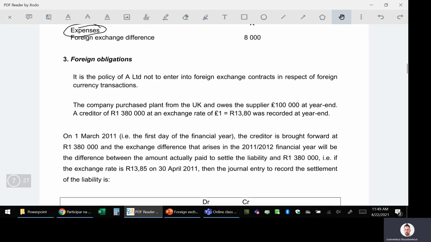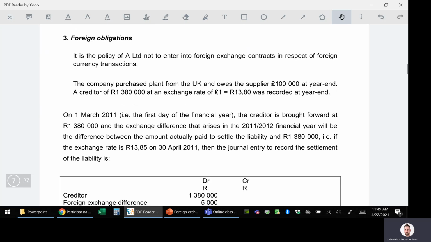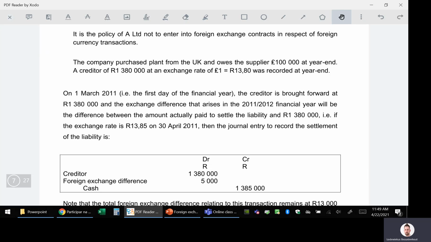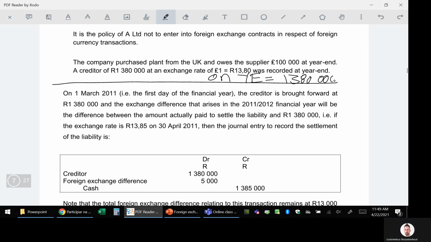For foreign obligations, you would say we didn't enter into any forward exchange contracts. At year end, we still owed £100,000. The creditor of 1380, at an exchange rate of 13.80, was recorded at year end. So at year end the creditor is in the books at 1380.